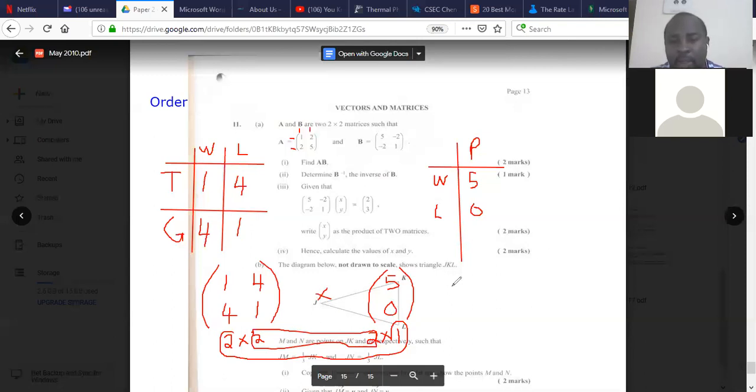So let's do the multiplication. It's 1 times 5. Now we want to multiply this 4.